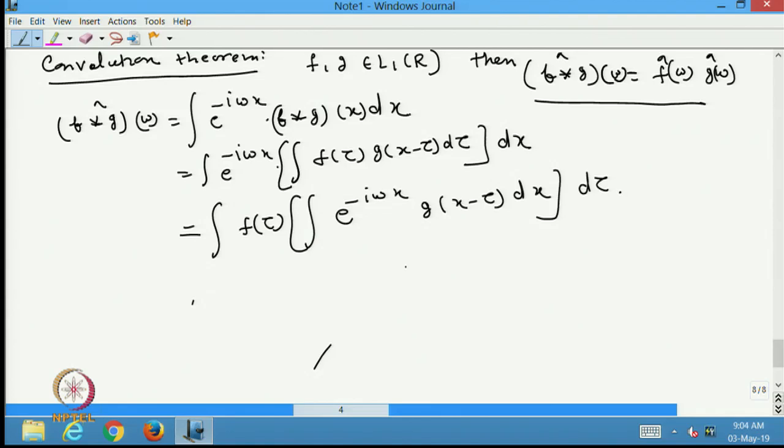Now I am using a change of variable, x minus tau equal to y. From this step to this step we have come using Fubini's theorem. In a nutshell, this theorem says how the order of integration can be changed.